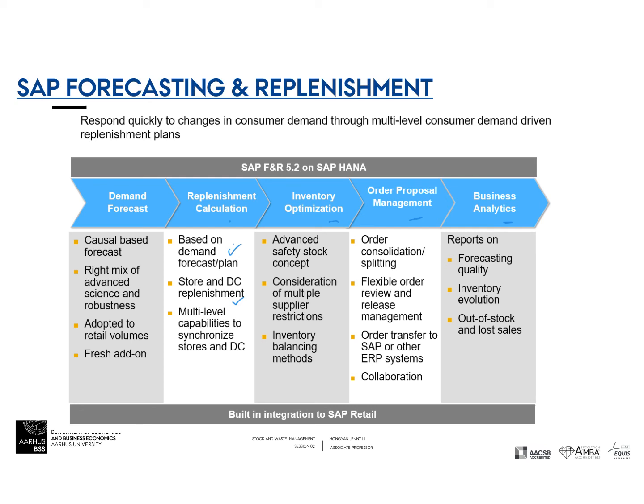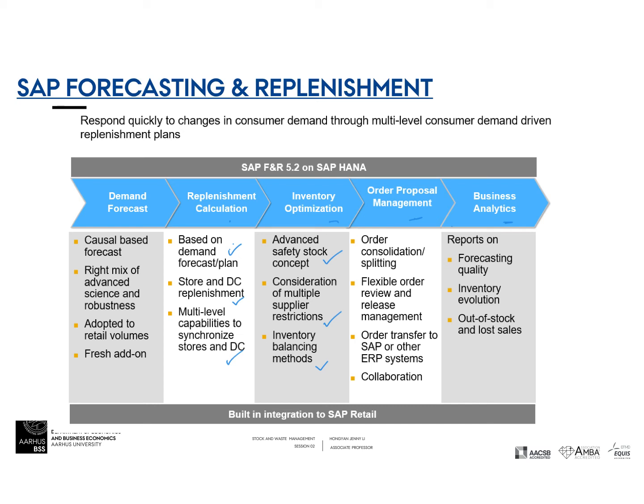with multi-level capabilities to synchronize stores and distribution centers, and then you should have advanced safety stock concepts, consideration of multiple supplier restrictions, inventory balance methods, and then you need to have order consolidation or splitting models, and flexible order review and release management.